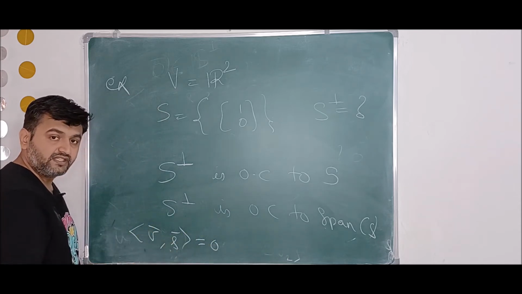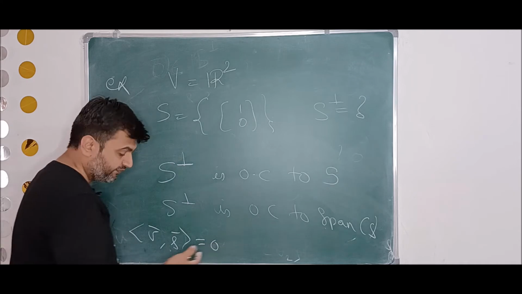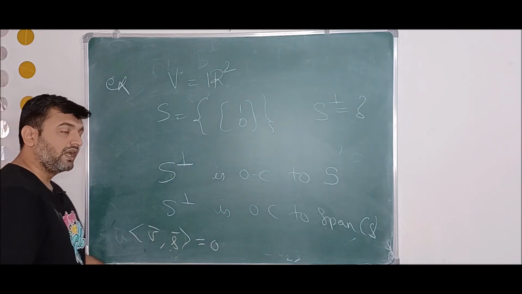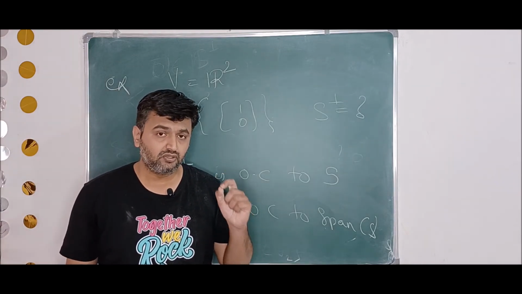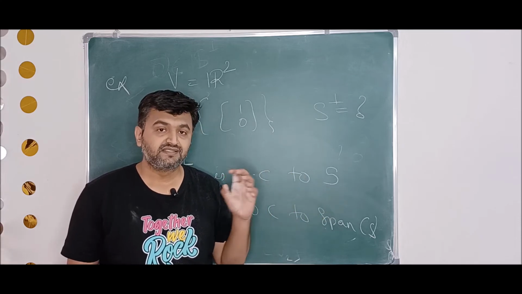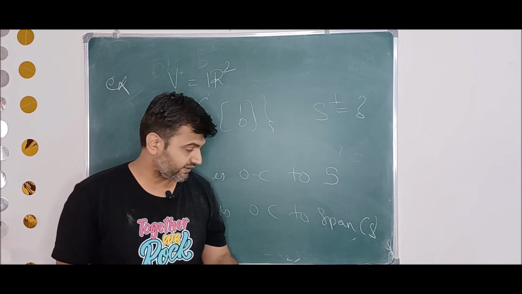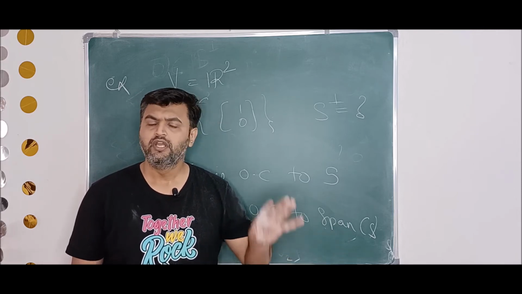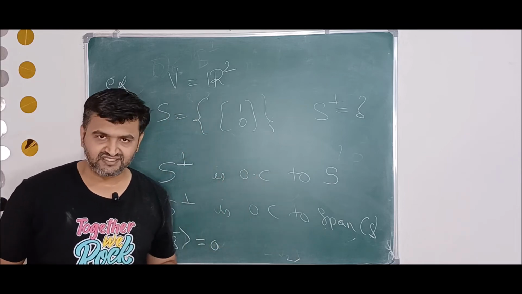But the inner product of V comma S1 is 0 because S perp is orthogonal to S. Inner product of V comma S2 is 0 and so on. So if a small vector V is orthogonal to each and every element of S, then that small vector V is also orthogonal to each and every vector in span of S. So this is a homework problem for you. You try to solve it. If you get stuck, you can ask me for hints in the comment section.